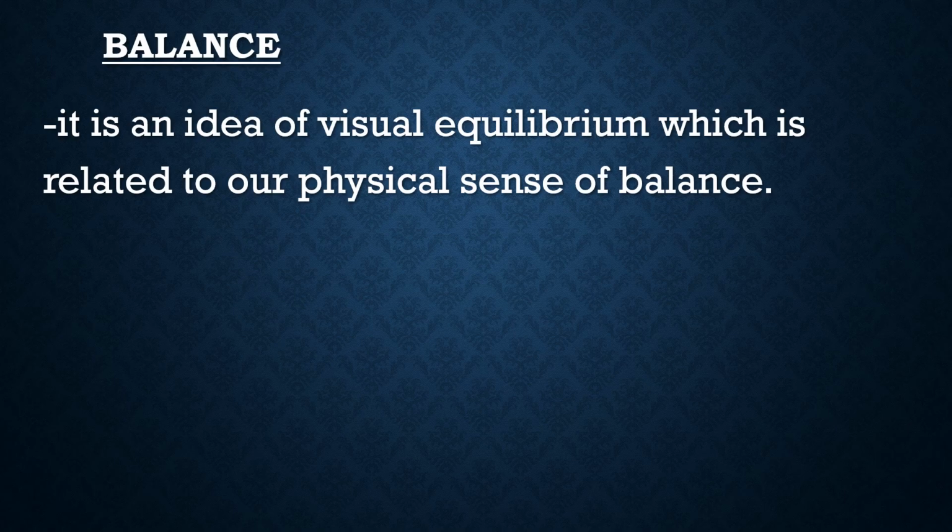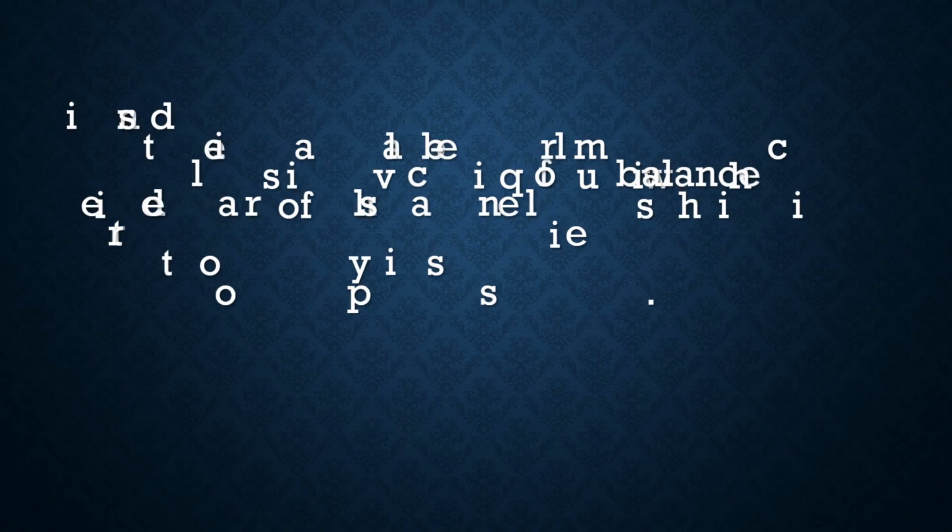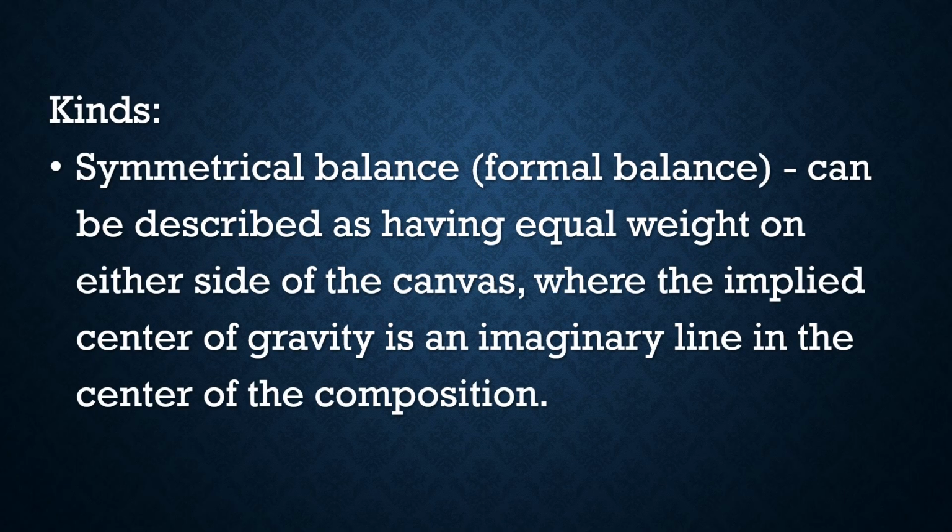Balance. It's an idea of visual equilibrium which is related to our physical sense. So kinds of balance, we have symmetrical balance or formal. So equal weight lang on either side of the canvas. So nasa gitna lang yung image na gusto niyang i-portray. So we have symmetrical.